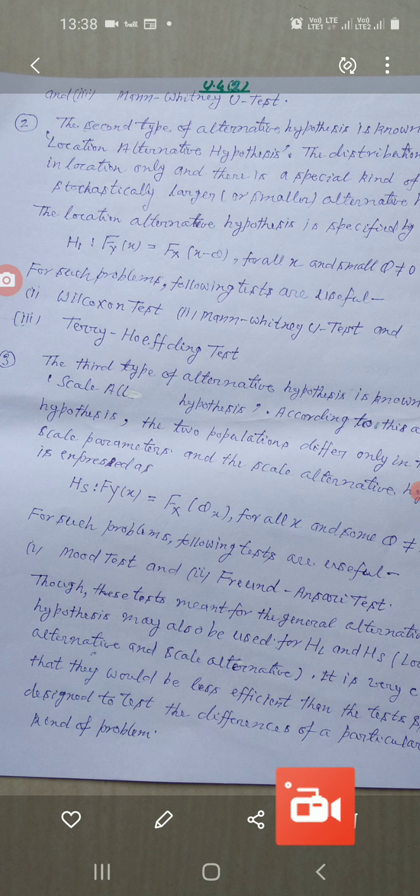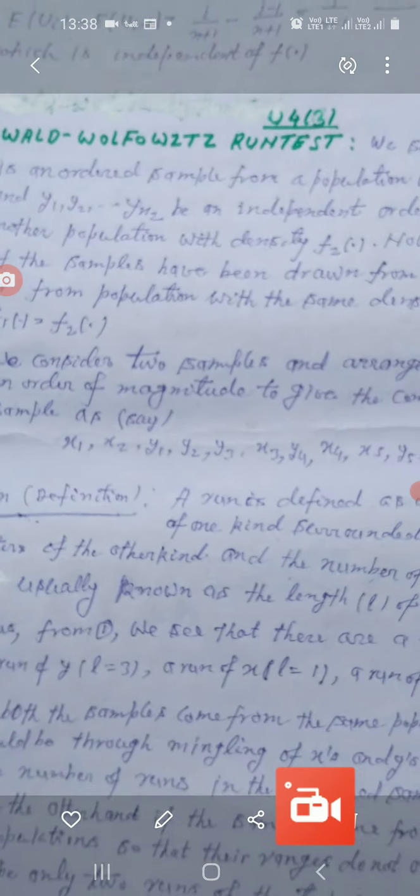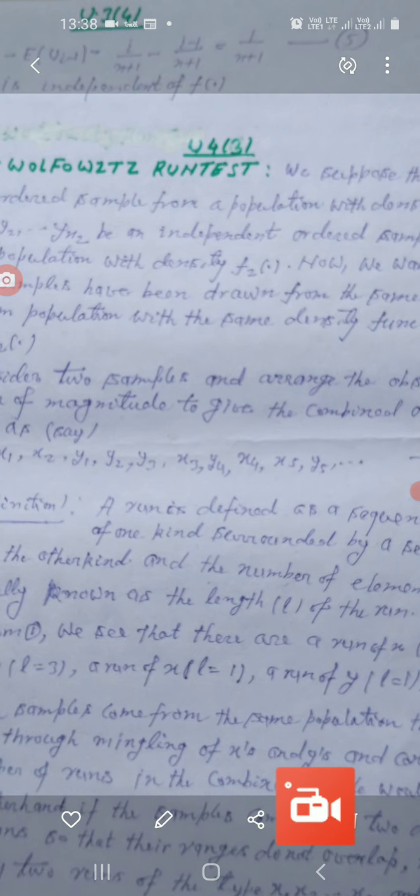Now we will discuss the Wald-Wolfowitz Run test.